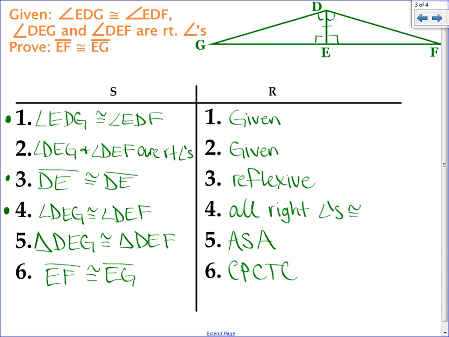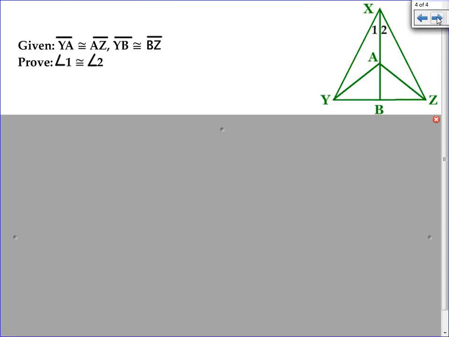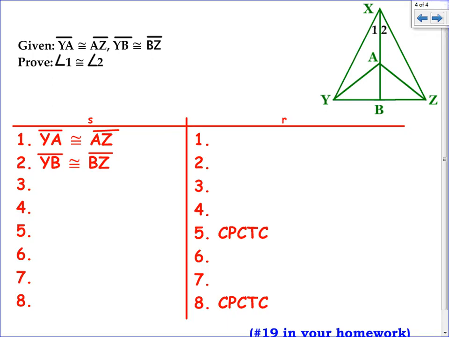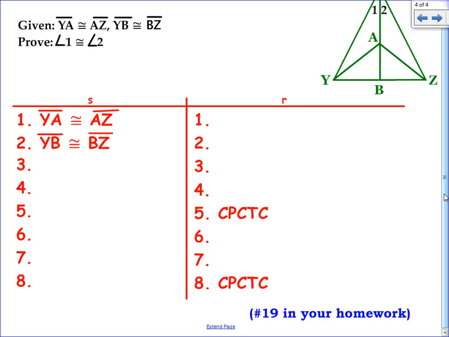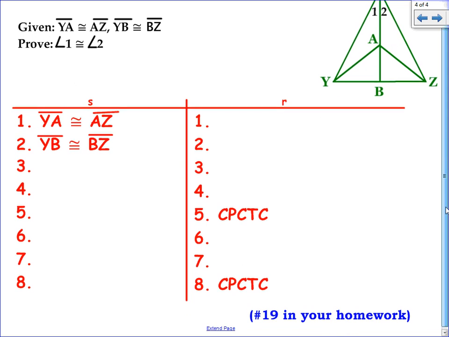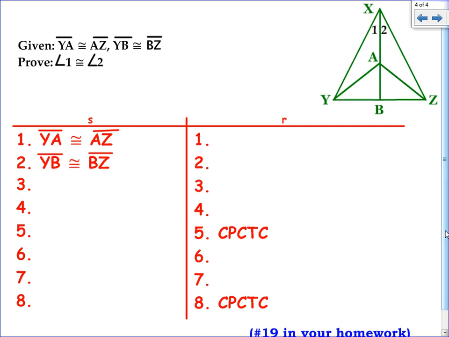Questions for the last slide? All right. So this is one of your homework problems you'll notice down here, so you can skip this one when you get to it. This is a bit longer proof, and I've filled in a few things for you to give us some hints.